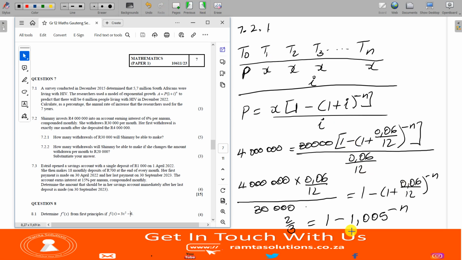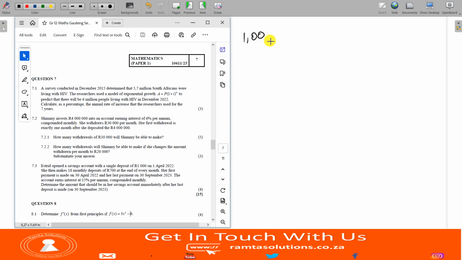Going to the next page, we will say 1.005 to the negative n equals 1 over 3. Now, we will use logarithms. Negative n equals log of 1 over 3 base 1.005.